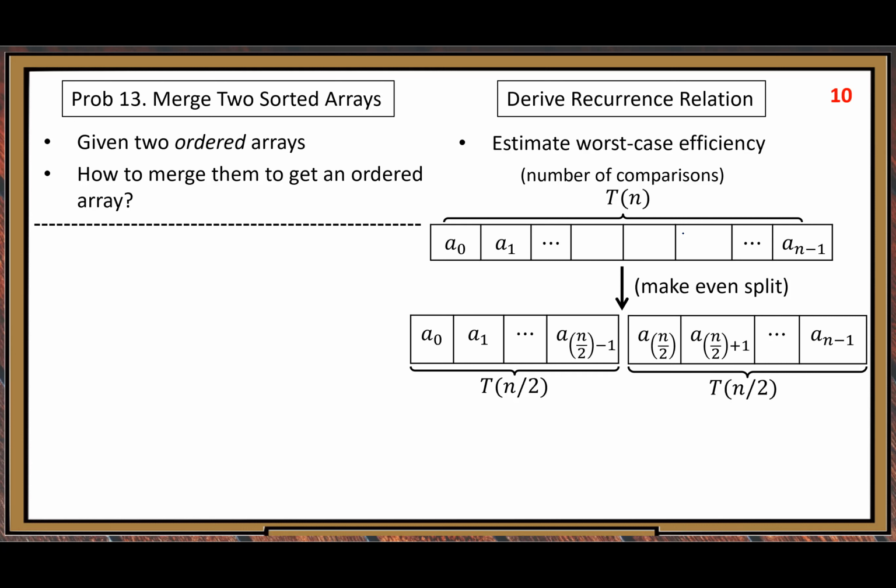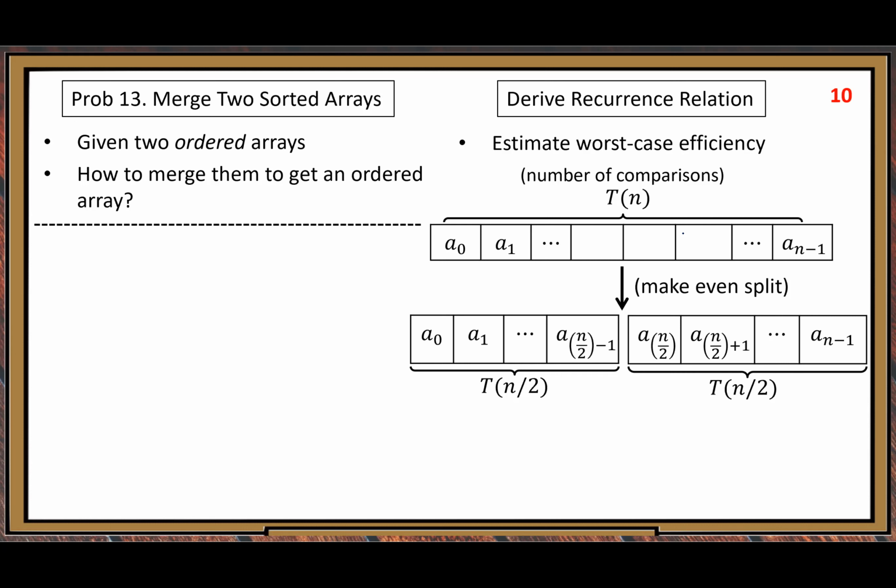But we need to do the merge operation, right? After we sort these two subarrays in the conquering step, we need to merge these two ordered subarrays. So what is the cost to merge these two subarrays?